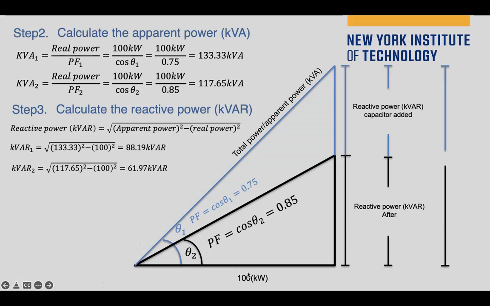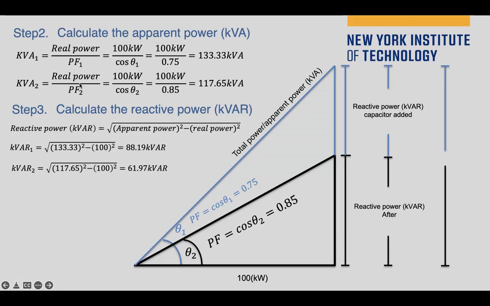Real power stays the same, 100 kilowatt, and the power factor is 0.75. We put the numbers here and we can obtain 133.33 kVA as the apparent power value.